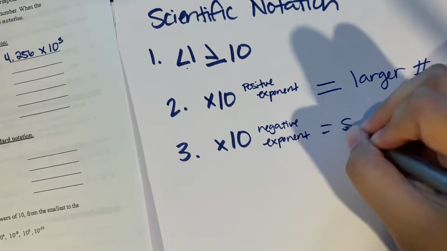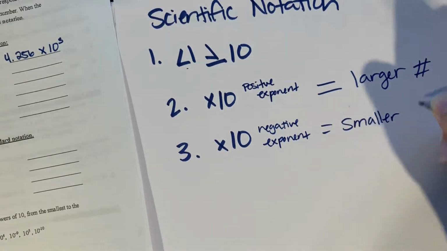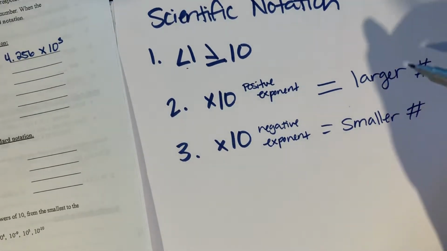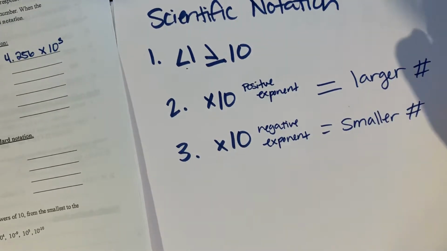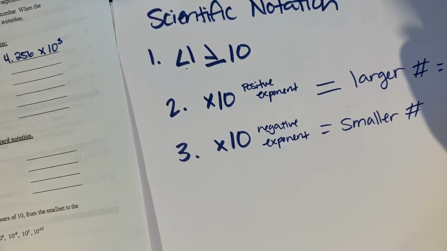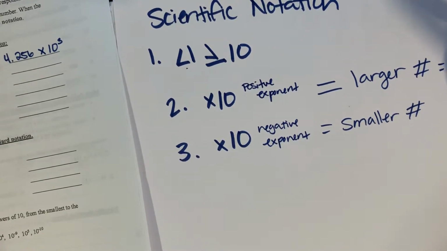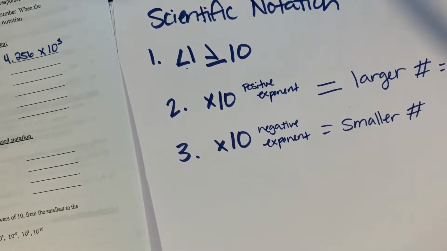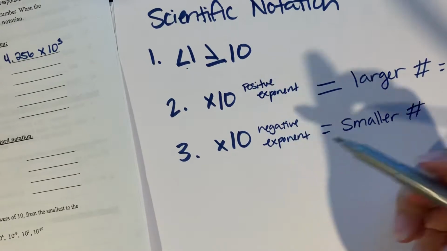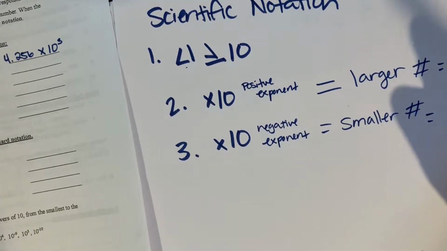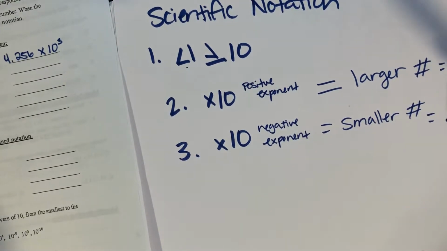That means you have a smaller number. So, if I have a larger number, that means that my decimal point moves to the right. So guess what? What's the opposite? If I have a negative exponent, that means my decimal point moves to the left.